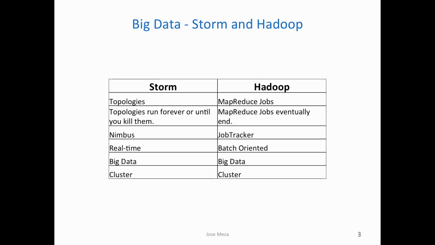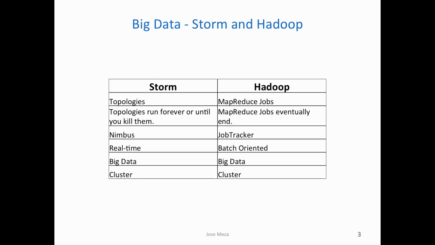So, how is Storm similar to other big data systems? Well, the most popular one is Hadoop. In Hadoop, you have MapReduce jobs. In Storm, you have what are known as topologies. A MapReduce job eventually ends.